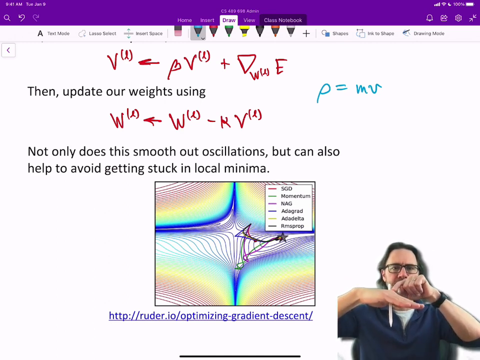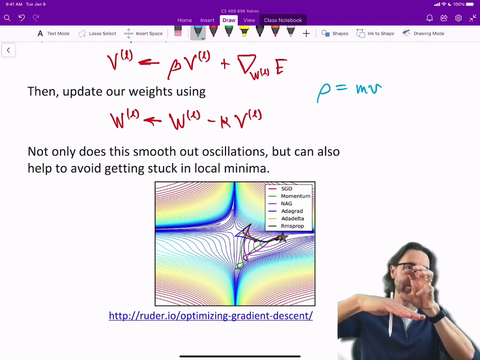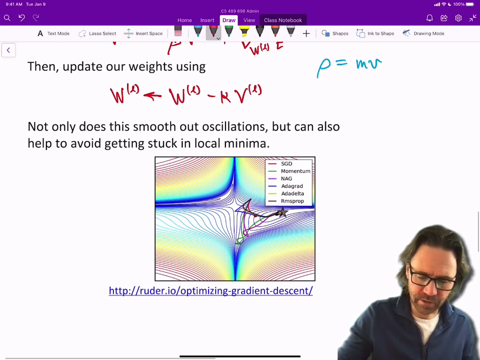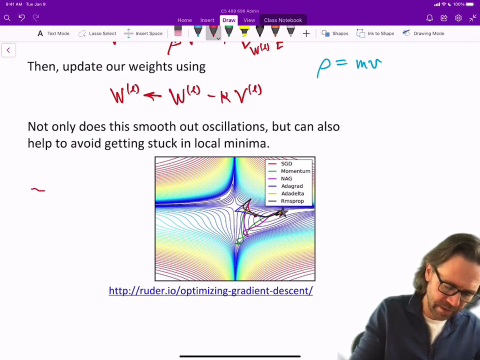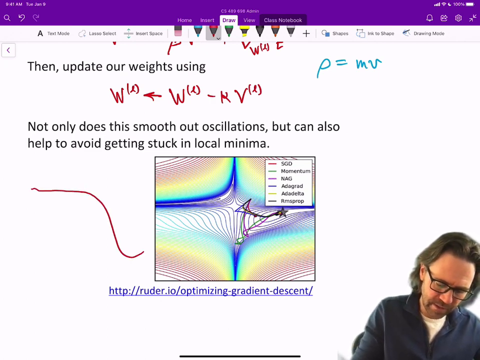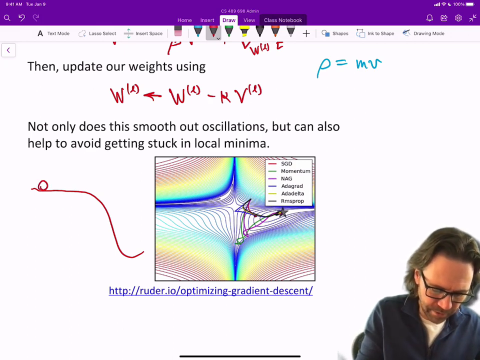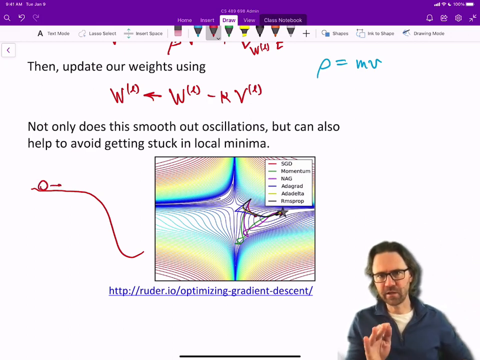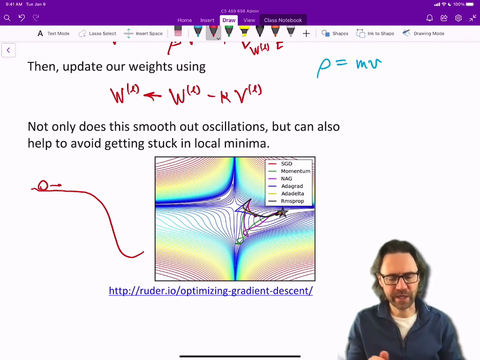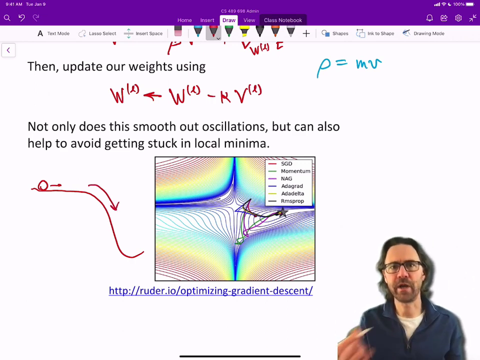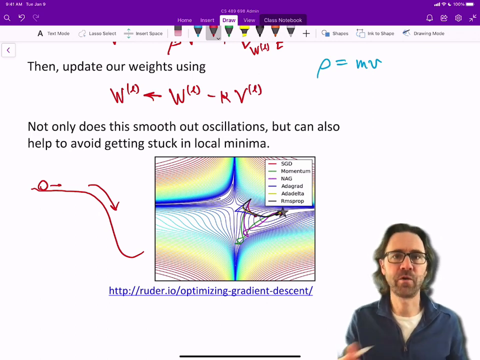What it does is, like a ball, it starts to gain speed, right? And so it can help you in situations where you've got something like this. So I've tried to draw this so that there's a little bit of a slope here. If you just looked at the gradient by itself, it would take you a long time to finally get down into the steep part. But if you're integrating your acceleration, you're going to pick up speed.